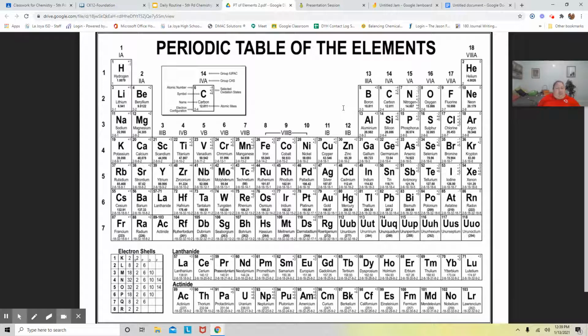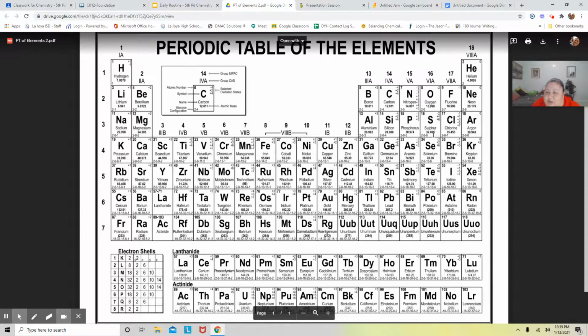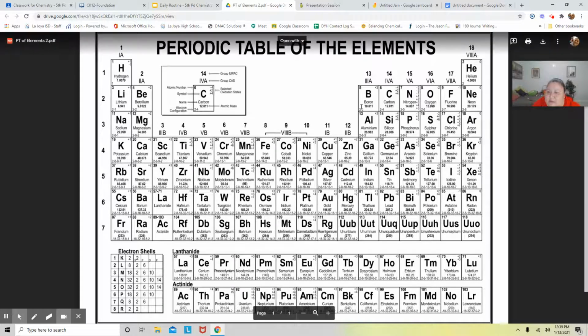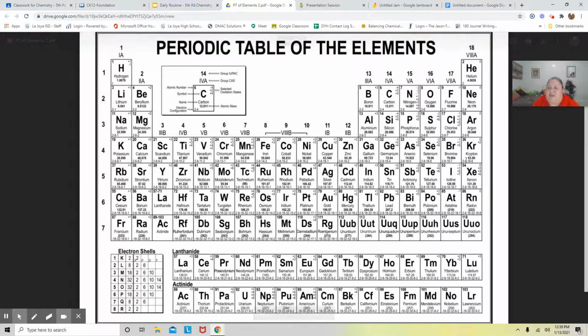Where is Na, guys? Find sodium on this periodic table. Is it over here in the corner, like all the other nonmetals? Well, except hydrogen, right? Is sodium over here on the left side or right side? I don't see it.